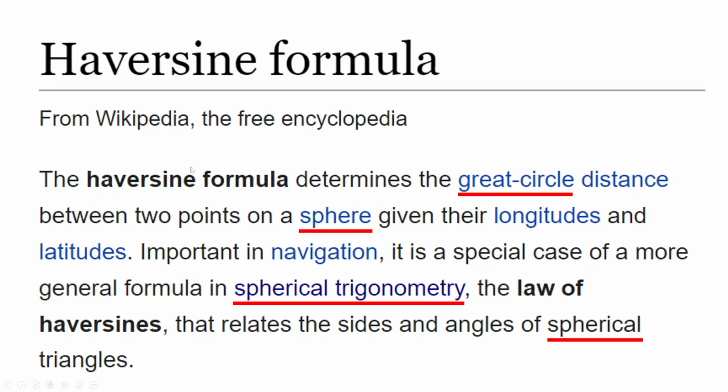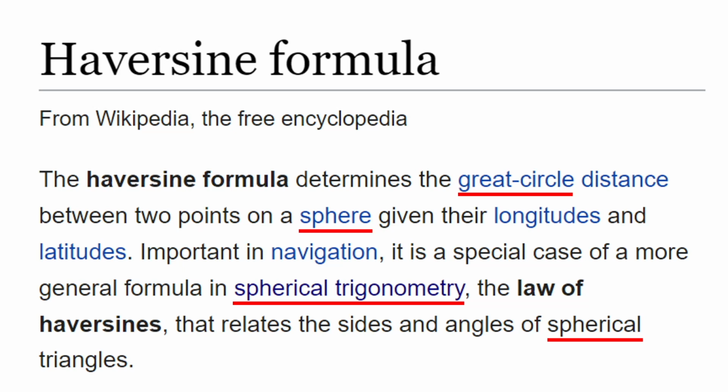The Haversine formula. All right, the Haversine formula determines the great circle distance between 2 points on a sphere, given their longitudes and latitudes. Important in navigation, it is a special case of a more general formula in spherical trigonometry, the law of Haversines, that relates the sides and angles of spherical triangles.